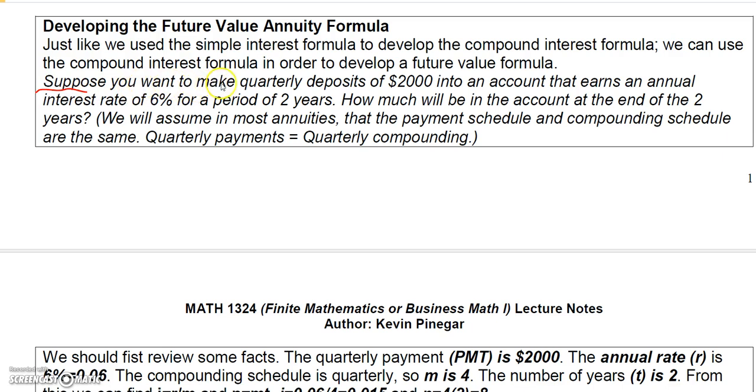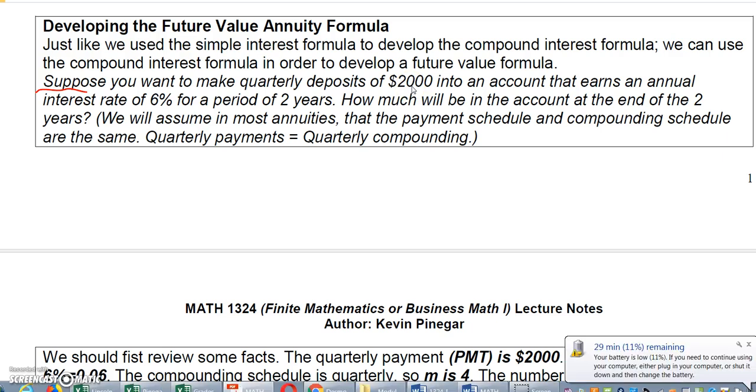Suppose you want to make quarterly deposits of $2,000 into an account that earns an annual interest rate of 6% for a period of 2 years. How much will be in the account at the end of the 2 years? So you're going to put $2,000 each quarter over a period of 2 years, or 8 quarters.